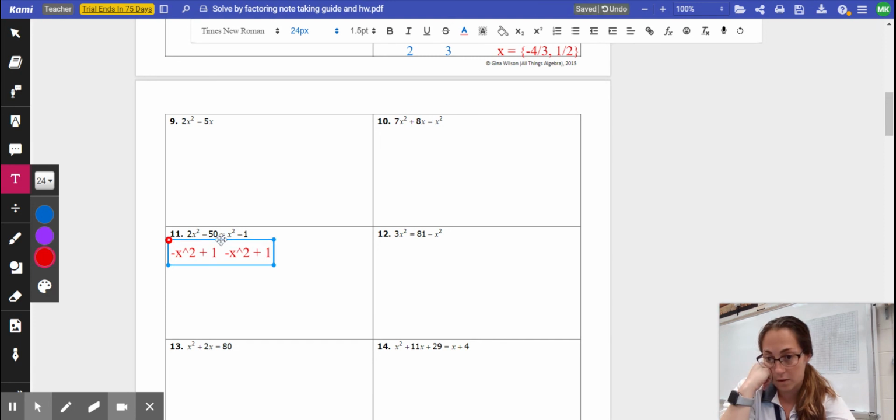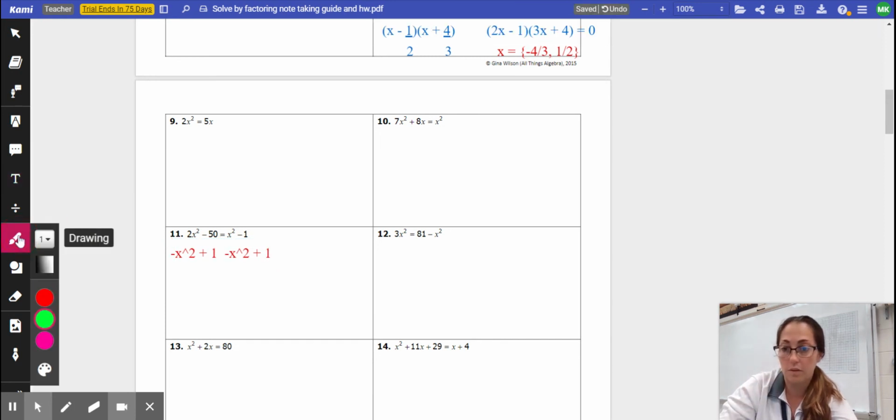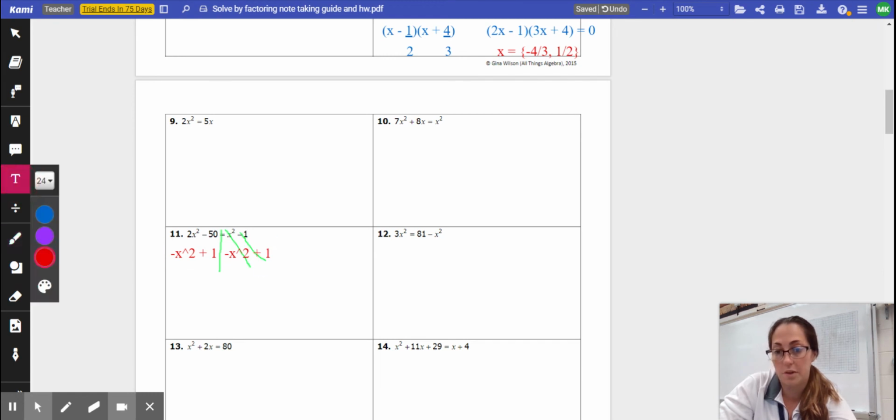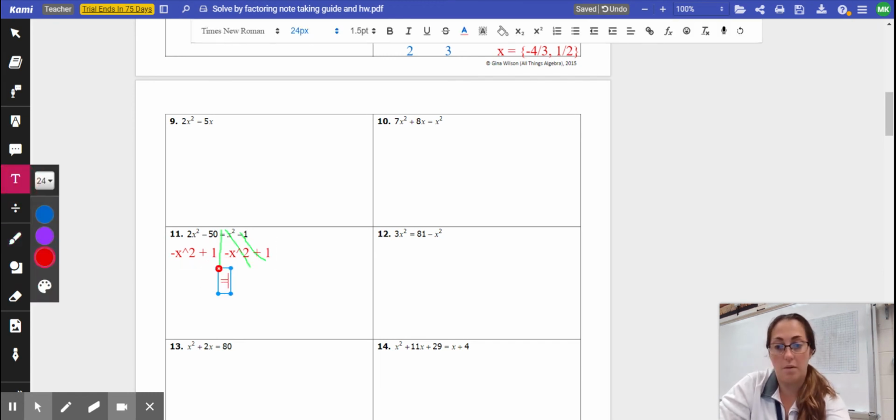Like if here's the bridge, solving equations. And then these equal 0, that equals 0. So everything on the right is now just 0. And then on the left, you're just going to do the math. So 2x squared minus x squared, that's x squared. Negative 50 minus 1 is negative 49.